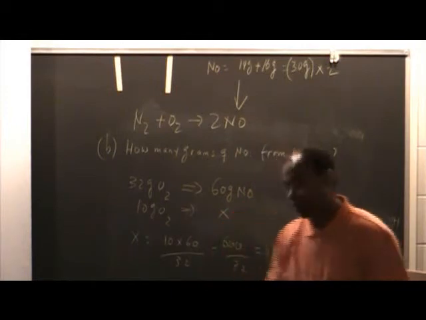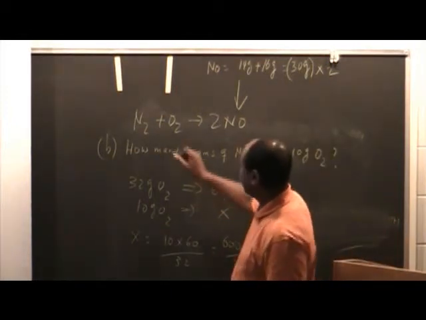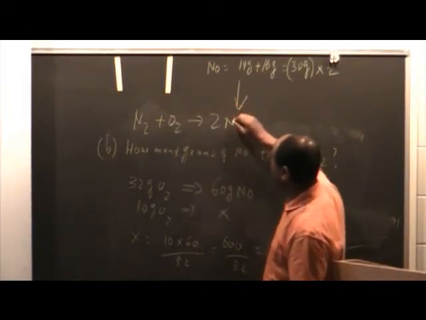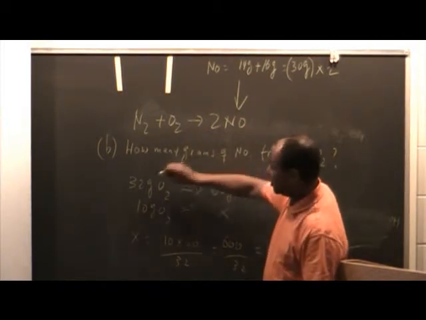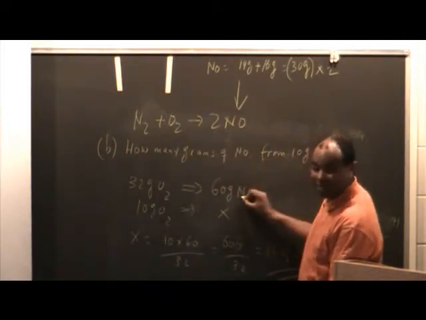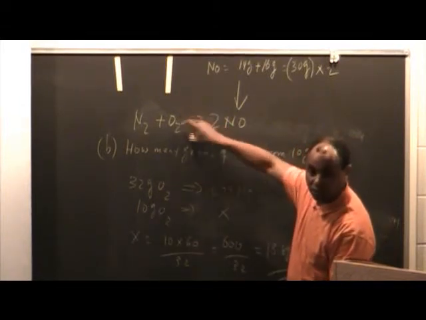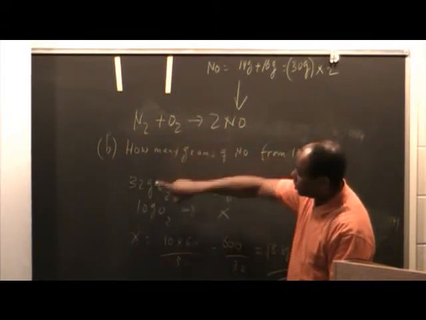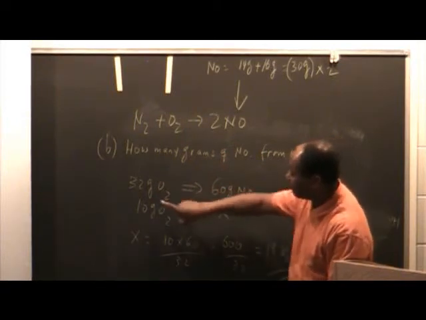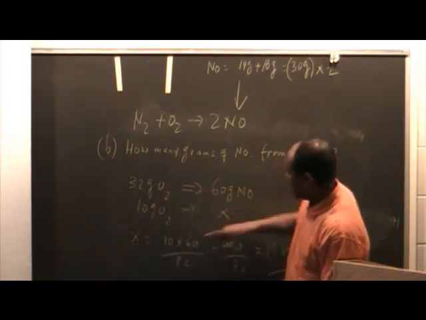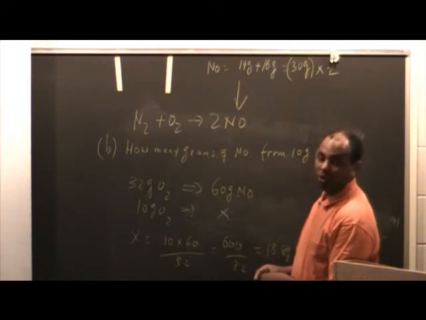And then I compare the amount of oxygen with the amount of nitrogen monoxide, which is 32 grams compared with 60 grams. 32 grams because oxygen is 32; you have 2 oxygen, remember? So 32 grams with 60. And if I have 10 grams of oxygen, how many grams of NO would I get?